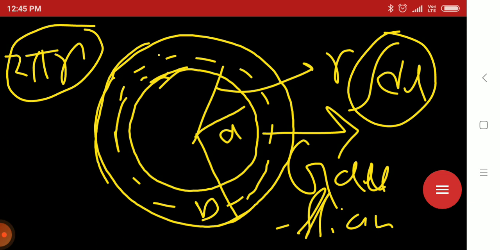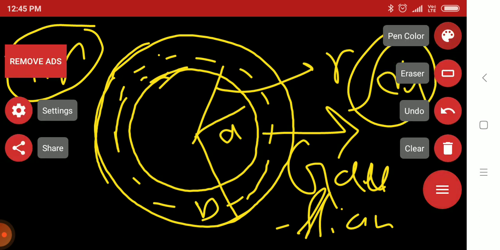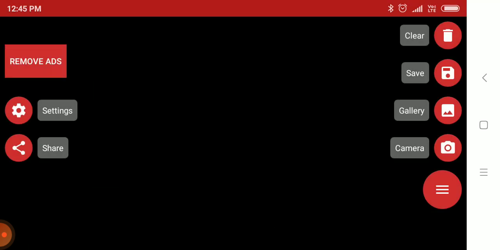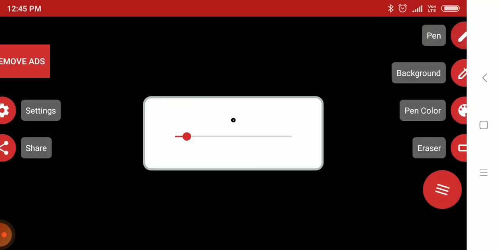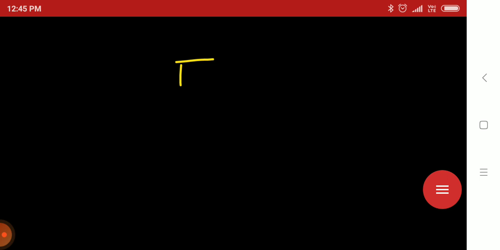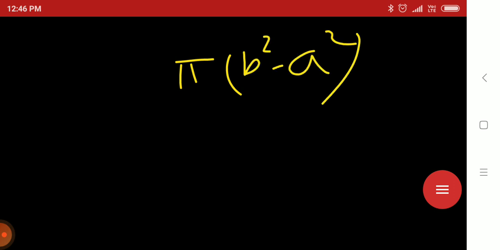The total area between B and A is pi b square minus a square.